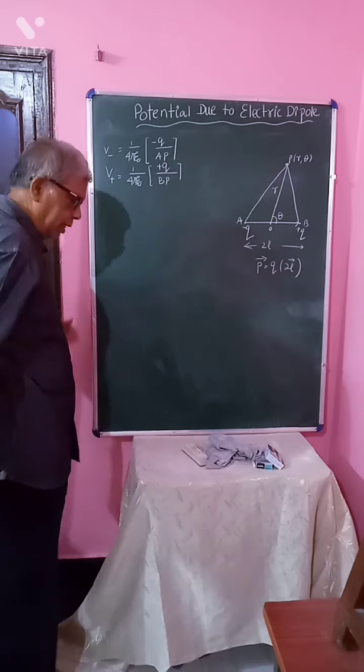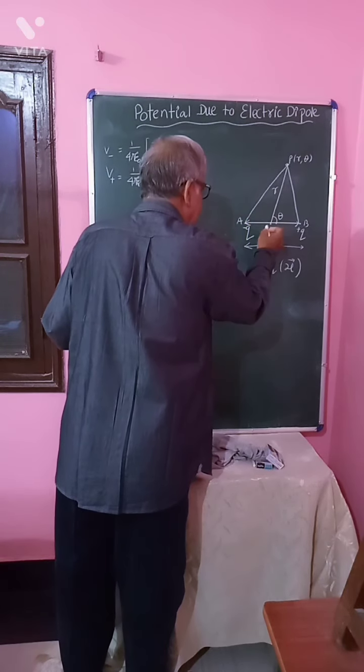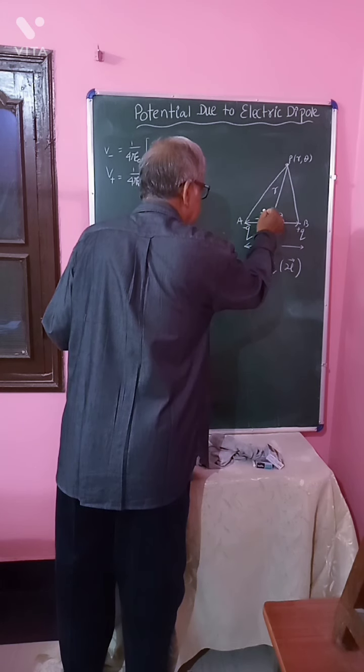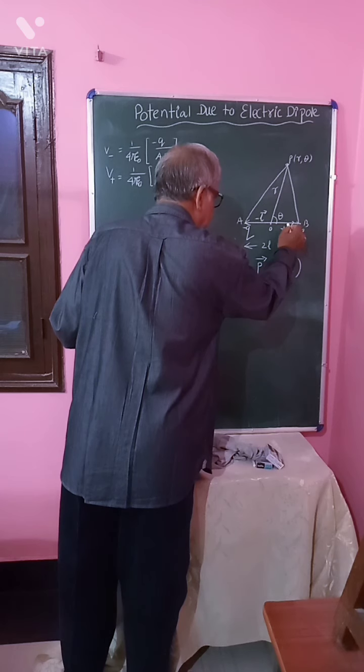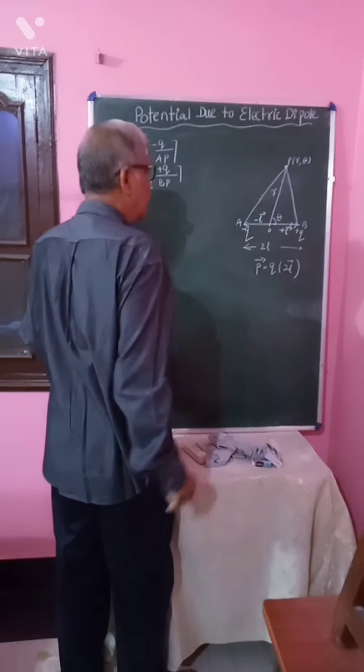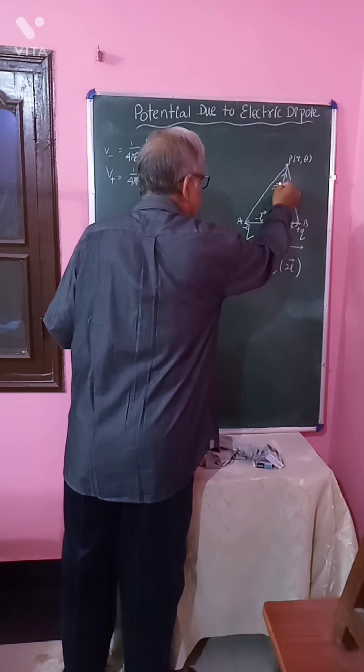Now, let us use the vector concept. OA vector is minus L and OB vector is plus L because they are in opposite directions. OP is a vector, it is r.